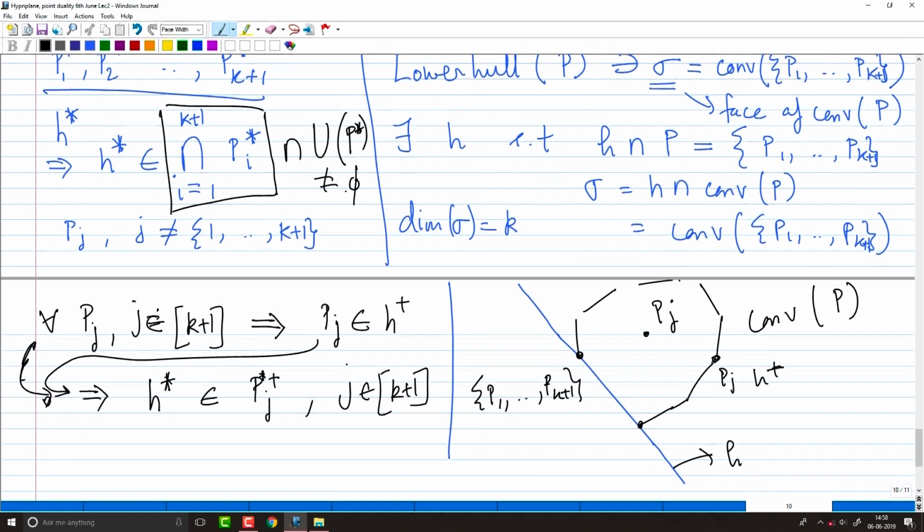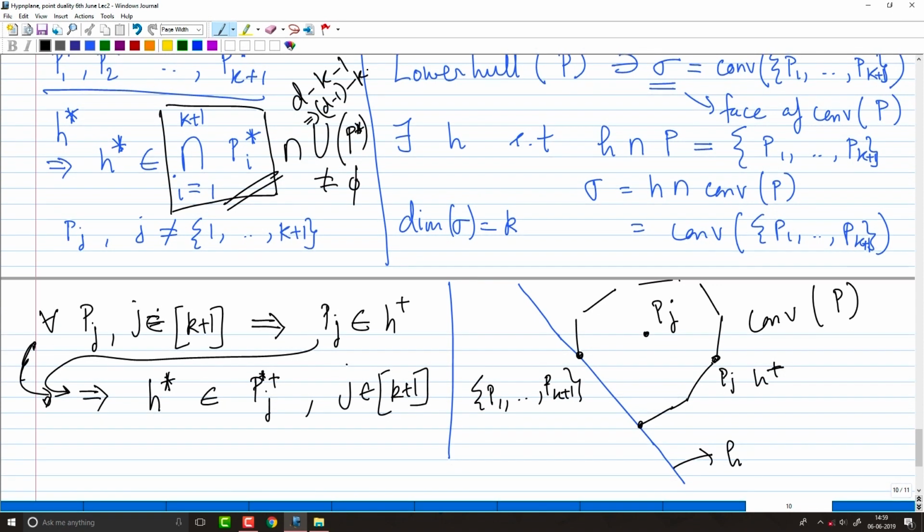D minus the number of hyperplanes that you are using. So if I can show this intersection is non-empty, the face that this will generate will be of dimension D minus K minus 1, which I can rewrite as D minus 1 minus K.